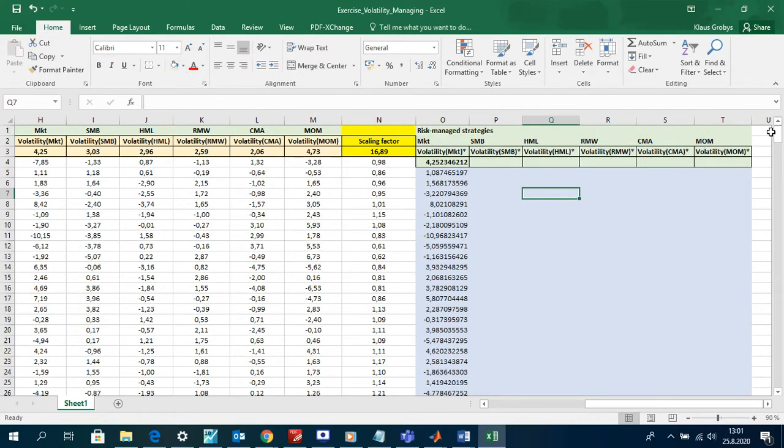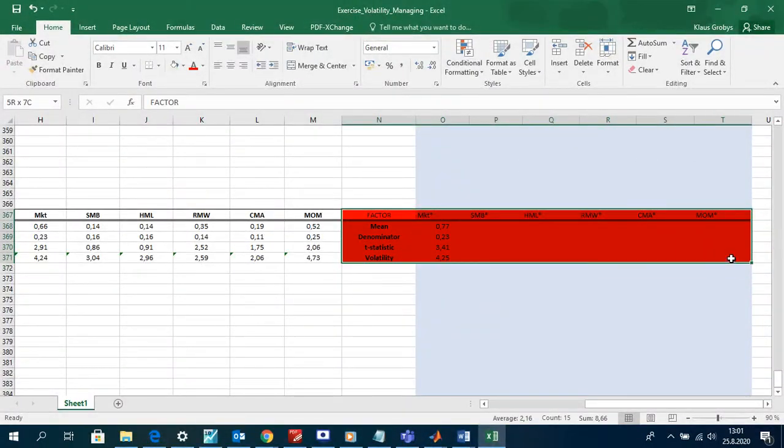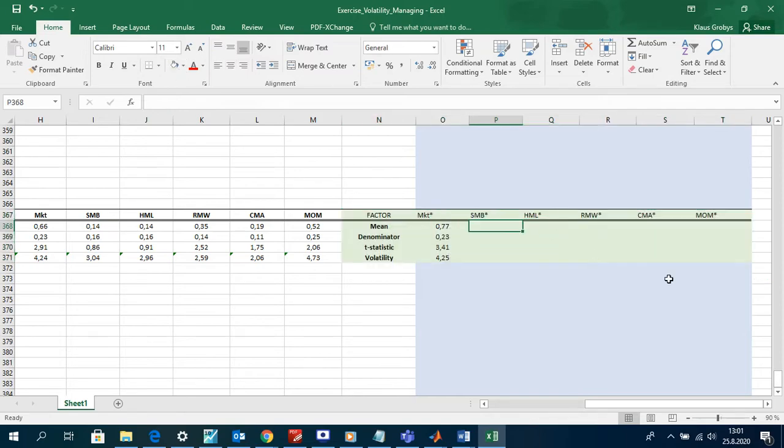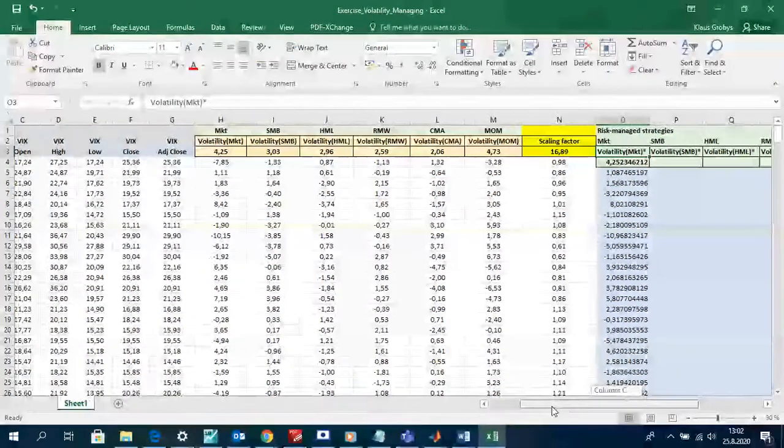So, and here below also we will take maybe green. Okay. So here we have the corresponding risk managed counterparts or volatility managed counterparts. So whenever we talk about risk management, it's a synonym for volatility managed. It's the same thing.